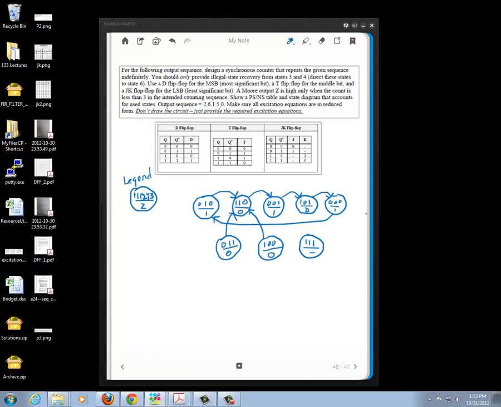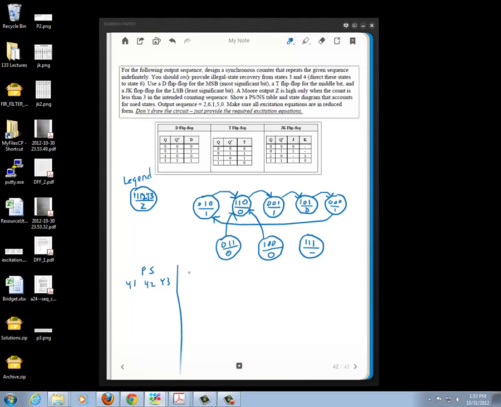Okay, so now we've drawn a state diagram, and we can now use the state diagram to create our PSNS table. We're going to start with writing our present state on the left-hand side of the table. And we don't have any external inputs, so all we're going to have is the present state variables, y1, y2, and y3.